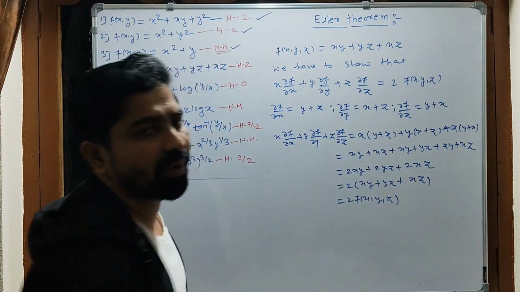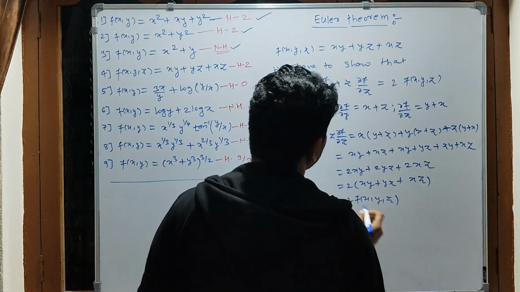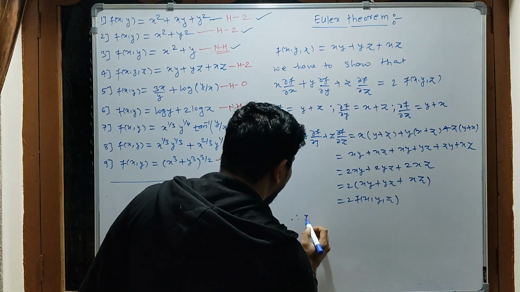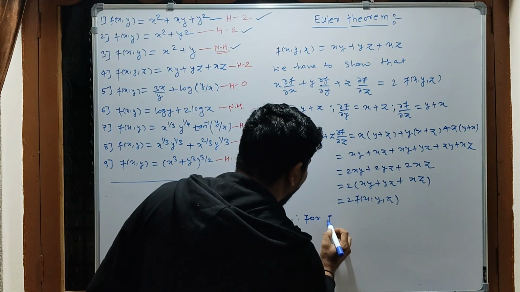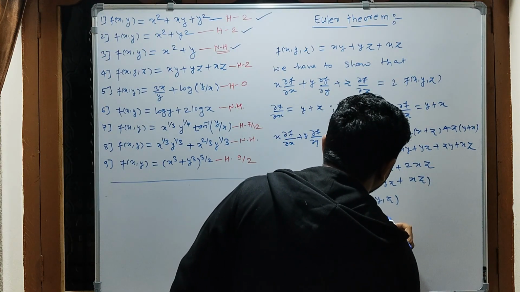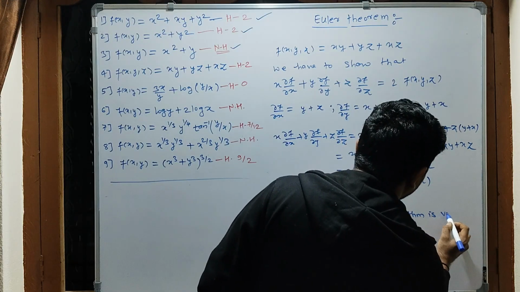So this is the statement of my Euler theorem. Therefore the given function is verified. For this function, Euler theorem is verified.